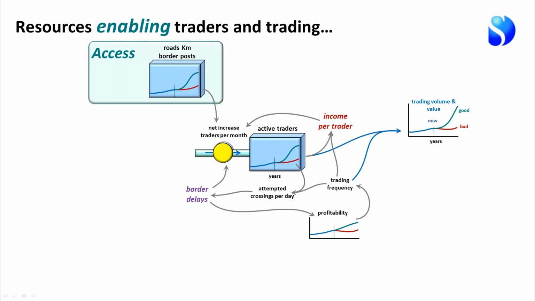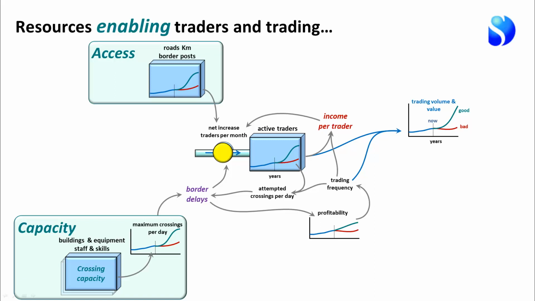If we want to bring more people into active trading, then we want to give them access, and that might mean building more roads or opening more border posts. We want to increase the capacity to help them trade across the border once they get there. That might mean constructing more buildings, providing more equipment, employing more staff, doing more training, and that raises the capacity in terms of how many crossings per day can actually go through our land borders or our ports.